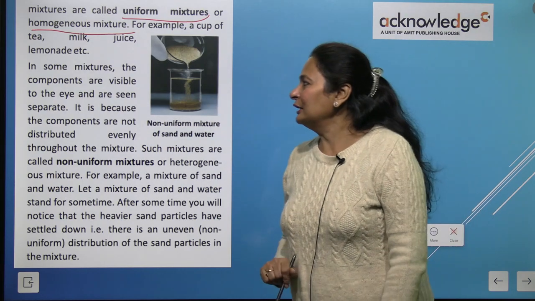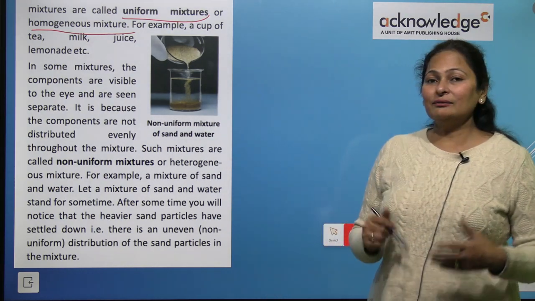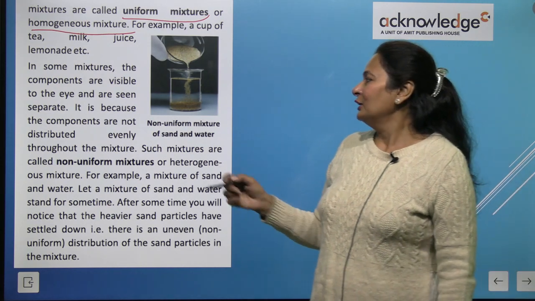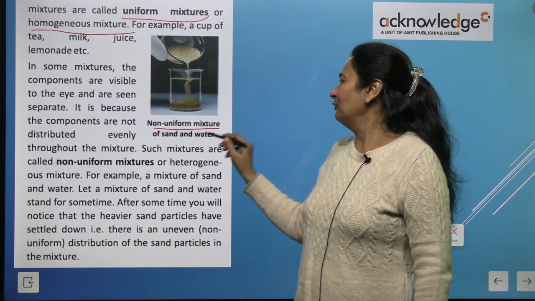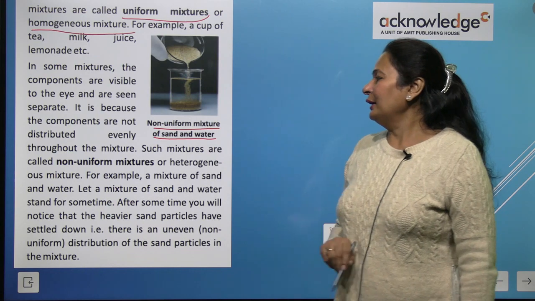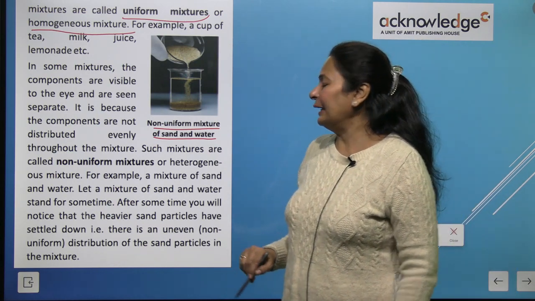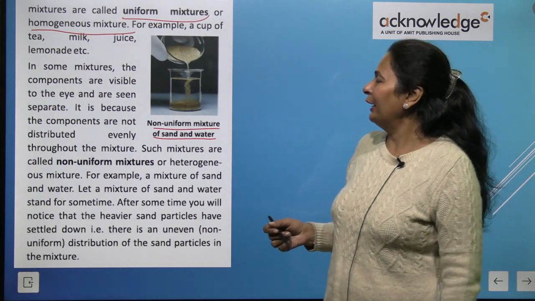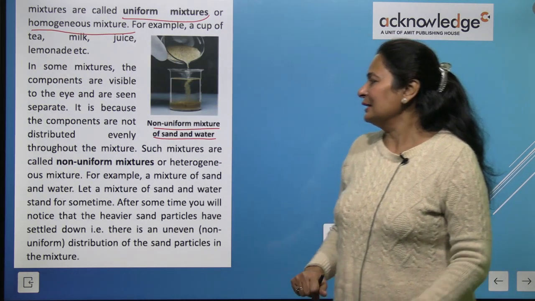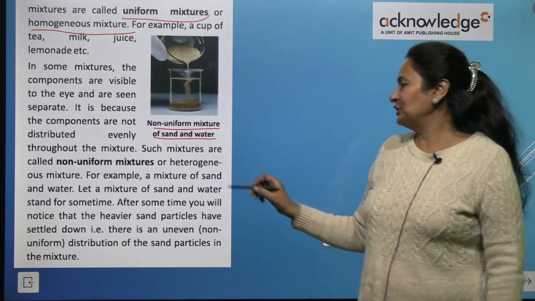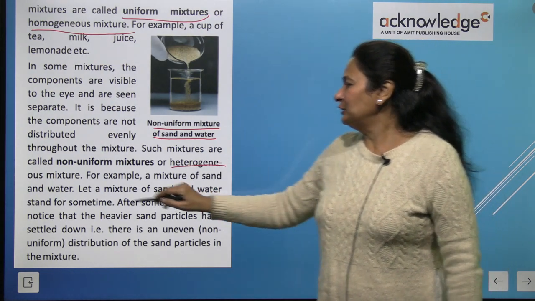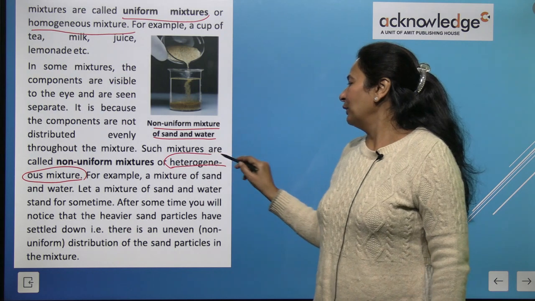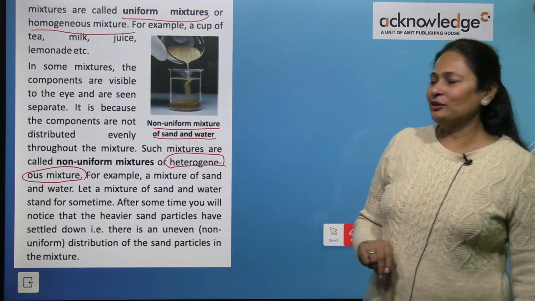Now, in some mixtures the components are visible and we can easily identify them. These are called non-uniform mixtures, or we can say heterogeneous mixtures. These are called heterogeneous, while here it is homogeneous. Non-uniform mixtures are called heterogeneous mixtures, where you can identify the components with your eyes.